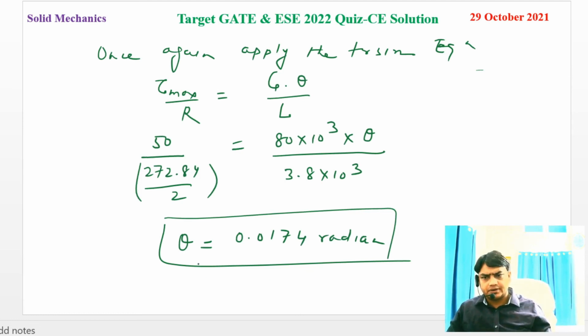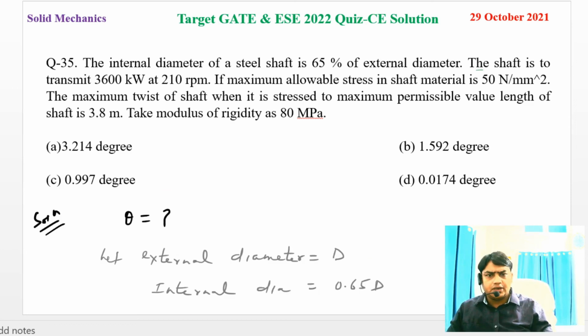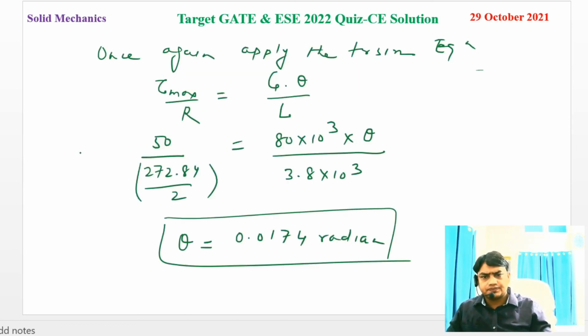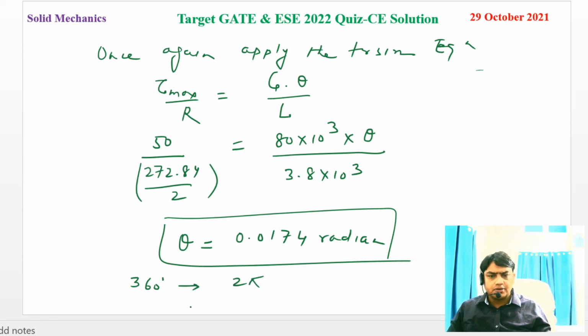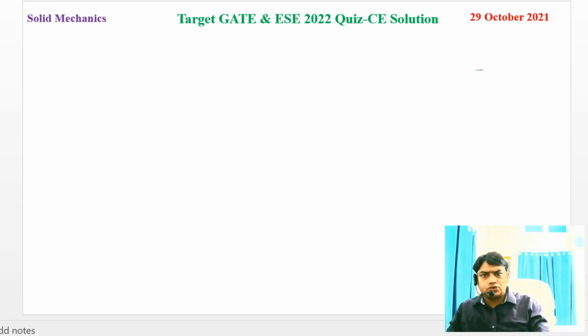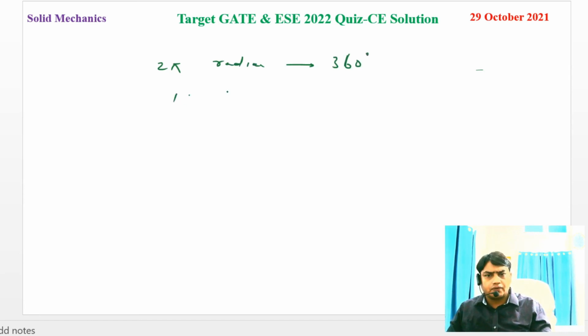Now, in degrees: 360 degree is equal to 2 pi radian, so 1 radian is 360 divided by 2 pi.